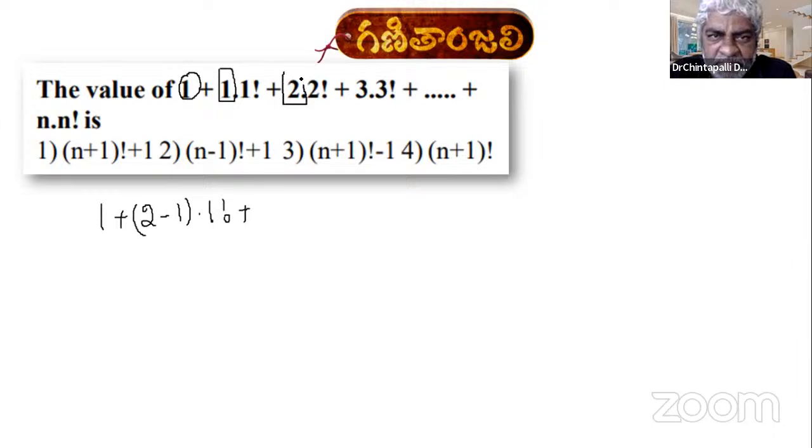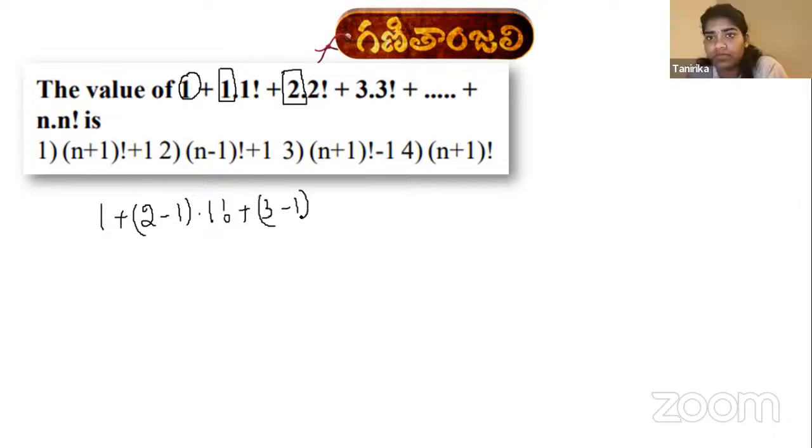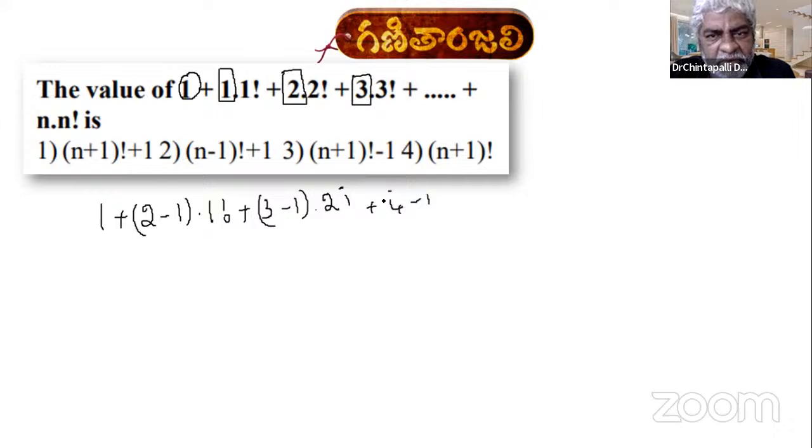It is 2. 2 is 3 minus 1, into 2 factorial. Next, how to write this? 4 minus 1 into 3 factorial, plus and so on.